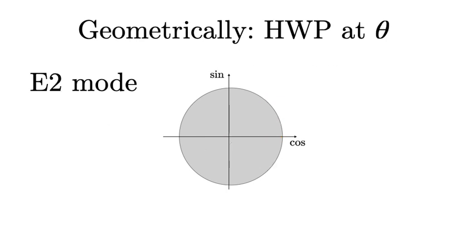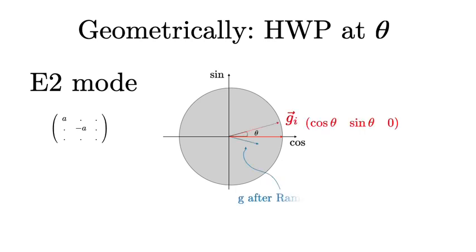Now, the final example is the E2 mode, which is actually easier because the effect of the E2 mode is it's also a diagonal tensor, sorry. You start from this vector, you go through the half-wave plate, so you rotate by theta. The effect of the Raman scattering is to in fact swap the y-axis.